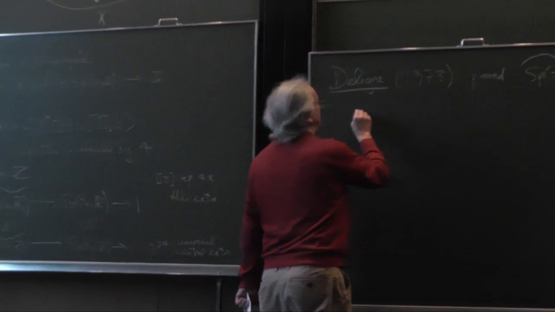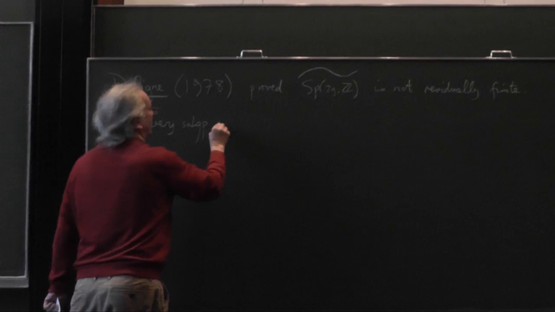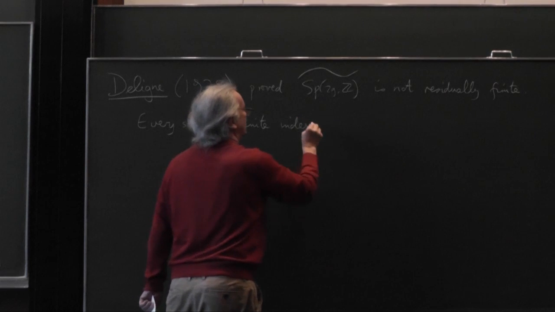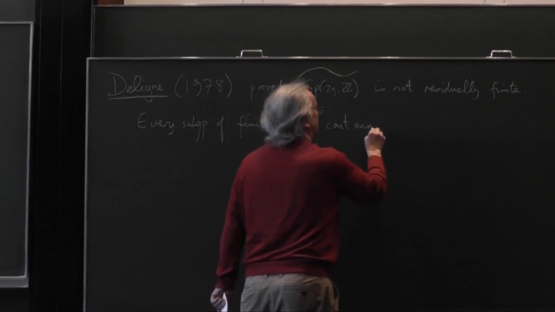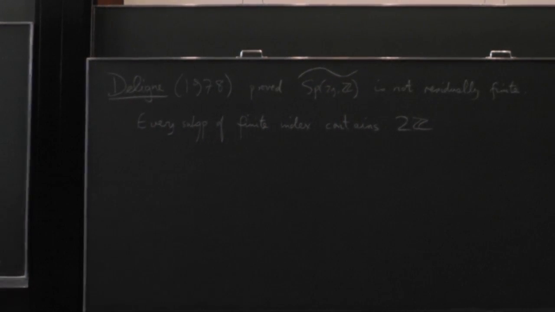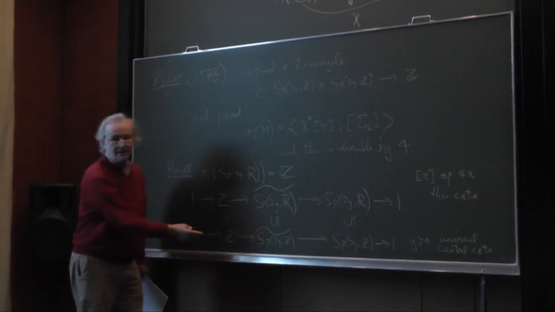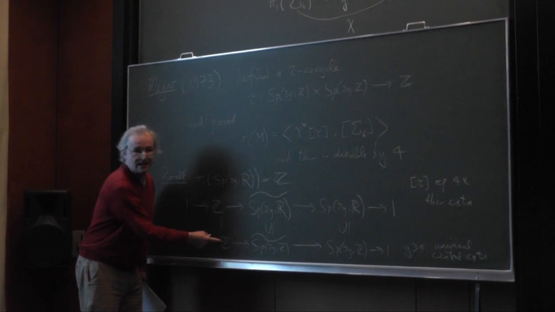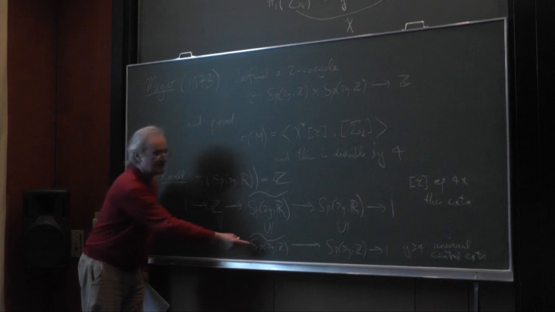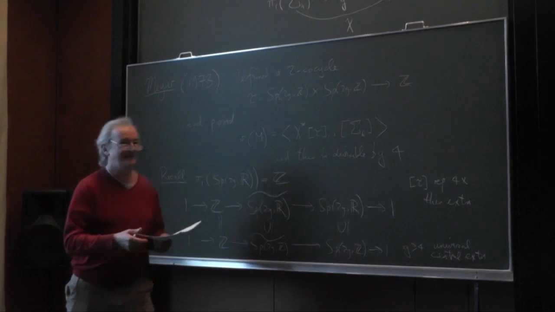So every subgroup of finite index contains 2Z. So there's a subgroup of this centre. The full centre of this, actually, I should explain, is twice as big as Z. It's either Z cross Z mod 2 or Z according to the parity of G. But it's twice as big as this Z in both cases.